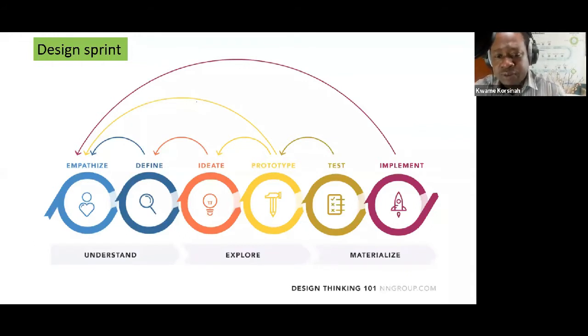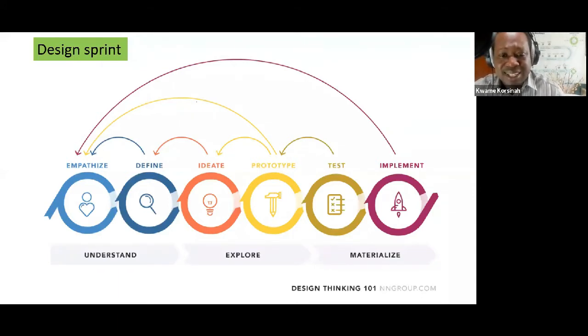What is the focus of design thinking? It helps us to understand, explore, and materialize potential solutions for the customer. The various stages of design thinking are: we want to empathize, to be in the customer's shoes, or in the shoes of the one who's facing the problems.